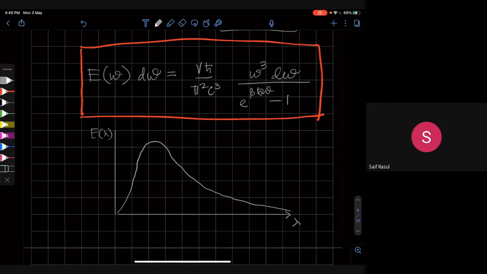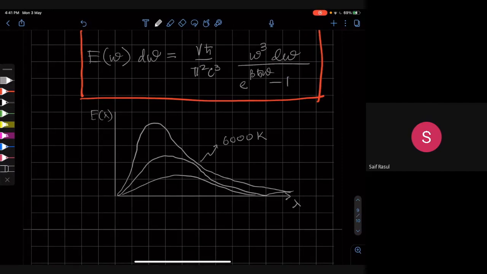So this is some temperature, say at 6,000 Kelvin. If you lower the temperature, there will be less energy radiated. Sorry, this is not a very good drawing. And the peak shifts to the right, and then the peak does something like this, right? So the maximum is something that depends inversely on lambda. Okay, so this is the Planck distribution.